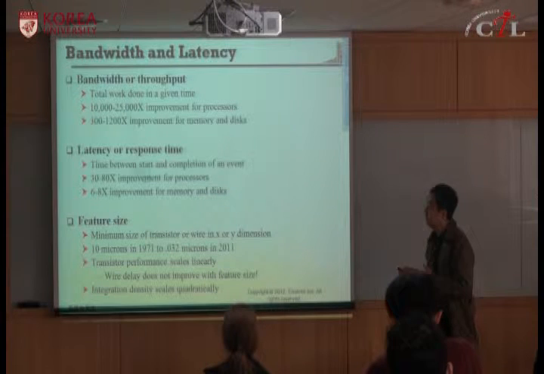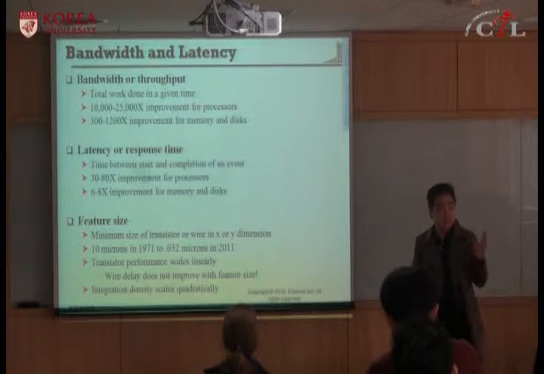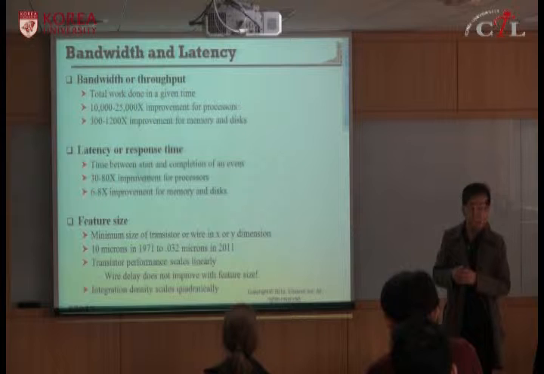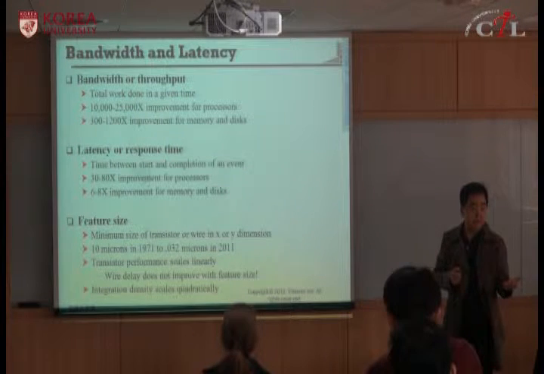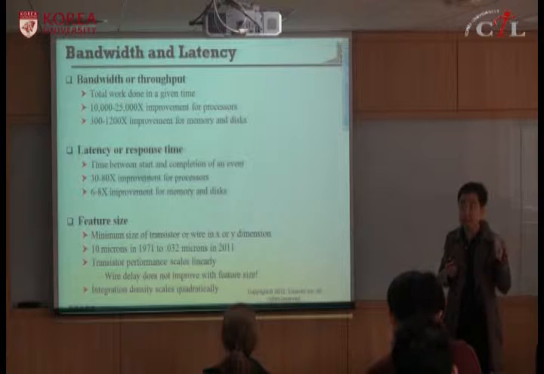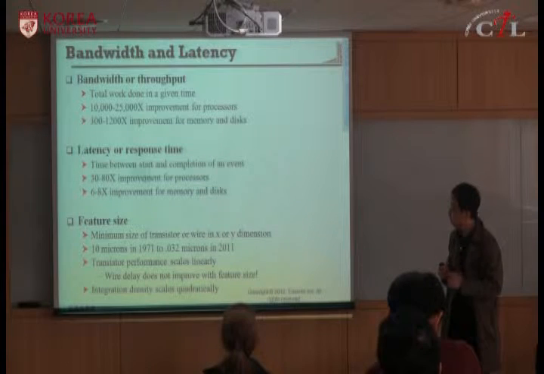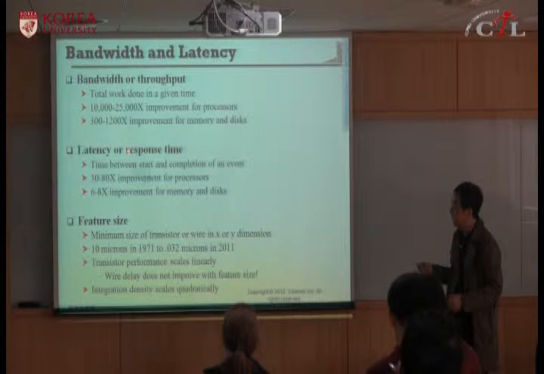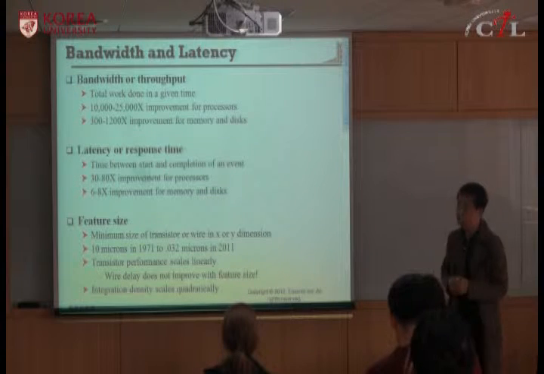So for communication, it can be bytes per second, or for computer system performance, it can be number of instructions per second. That's the bandwidth. How many instructions you can process per second, or how many bytes you can transmit every second. Okay? Latency is the time between the start and completion of an event.